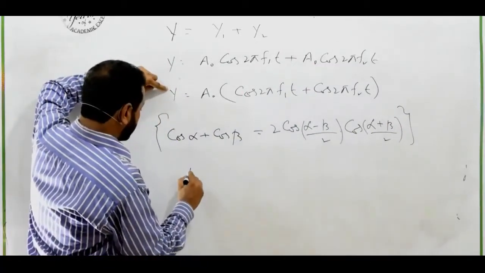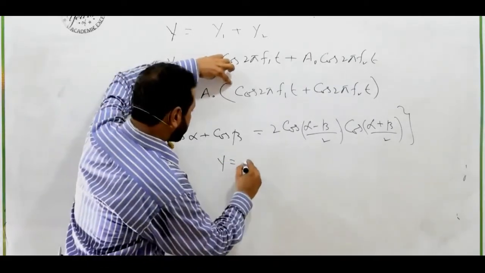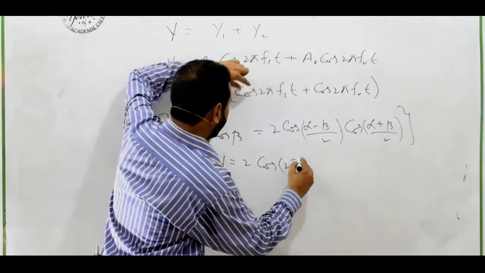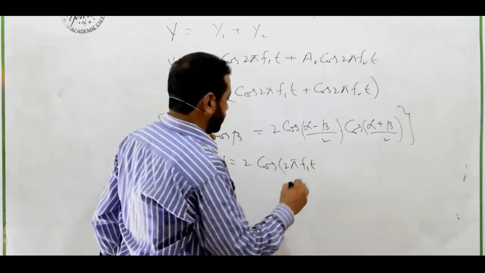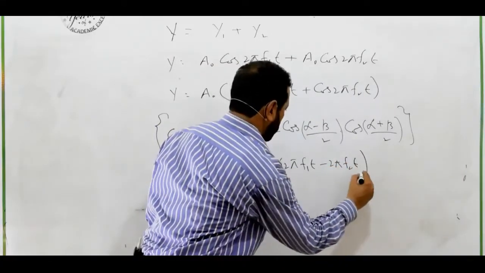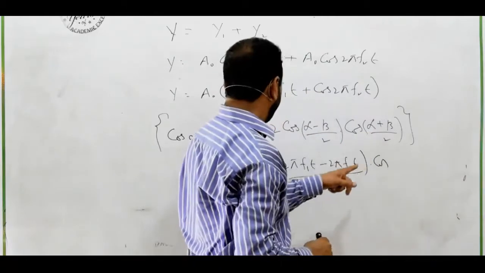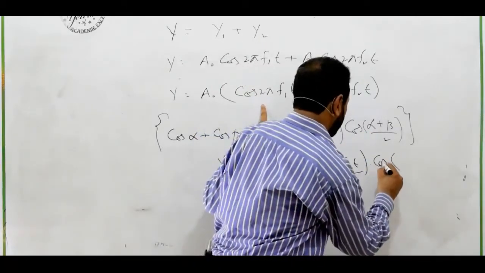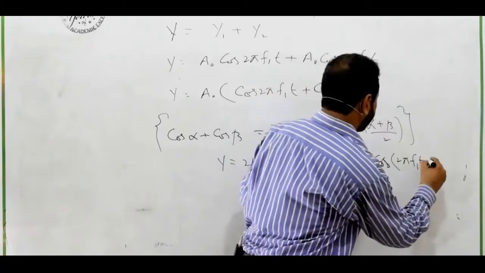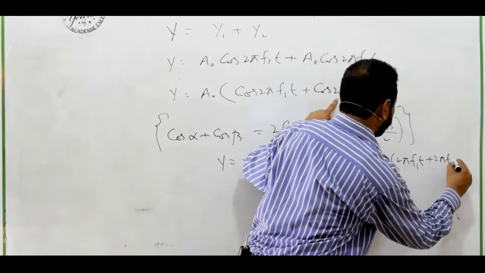Here alpha means 2 pi f1 t, and beta means 2 pi f2 t.